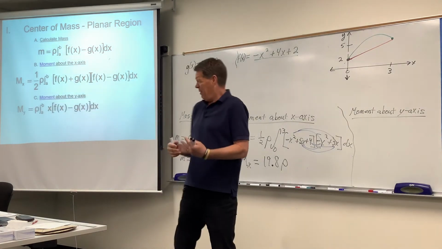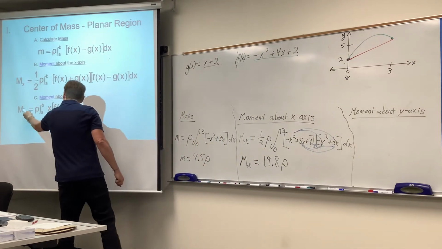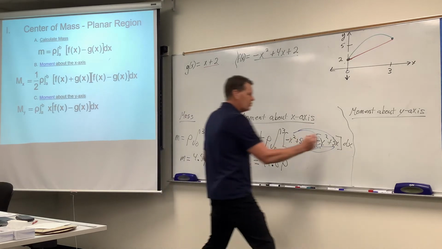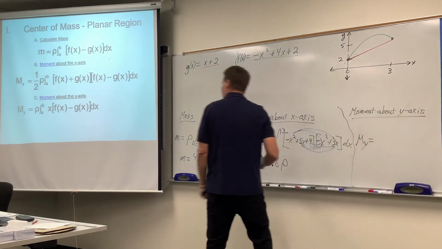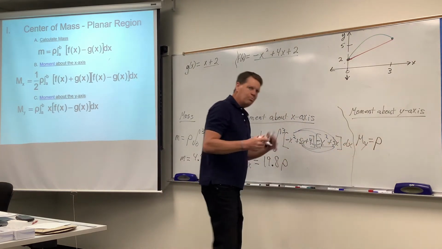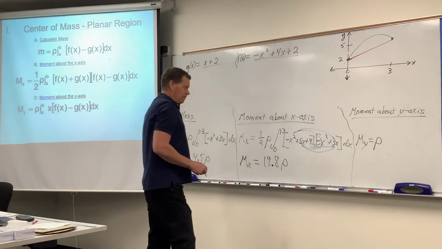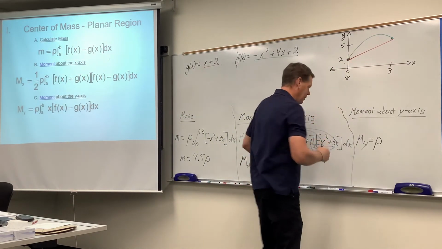And where'd this formula come from? The moment about the y-axis is m subscript y. I'm just showing you the mechanics of how to get this stuff, all right? Rho, that would be the density of the material, aluminum, whatever. We're cutting this out. You know, it could be made out of anything.